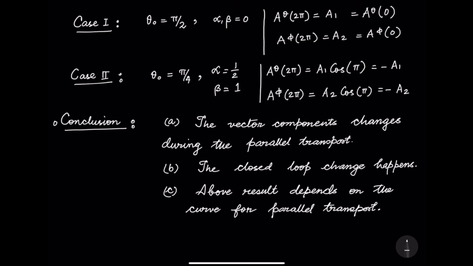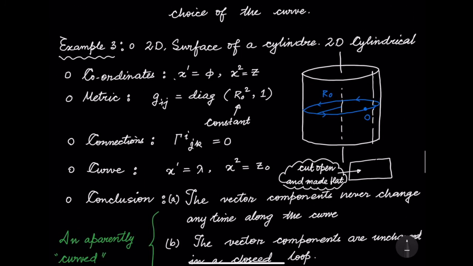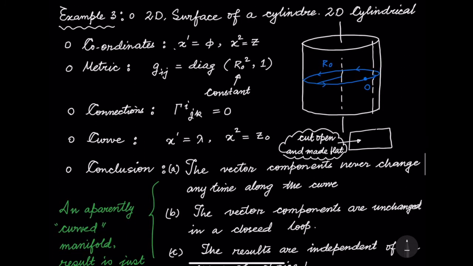One thing that we have just discussed in passing while dealing with the results on the surface of a cylinder is that I can cut the cylinder and make it flat, and it becomes just like a 2D Euclidean space, and that may be the reason why the results on the surface of a cylinder match the results of the 2D Euclidean space.